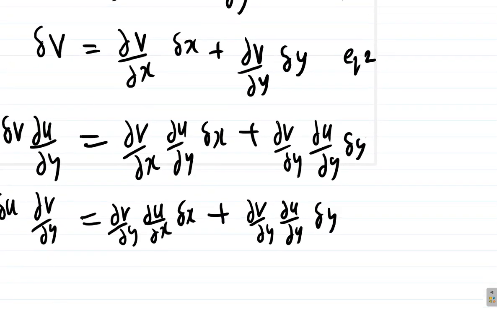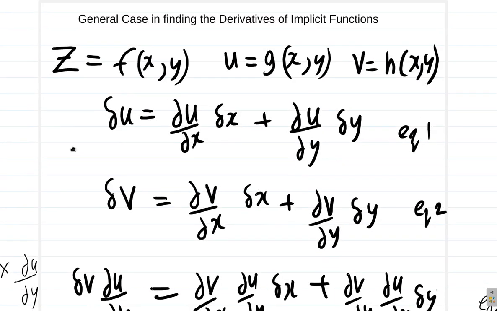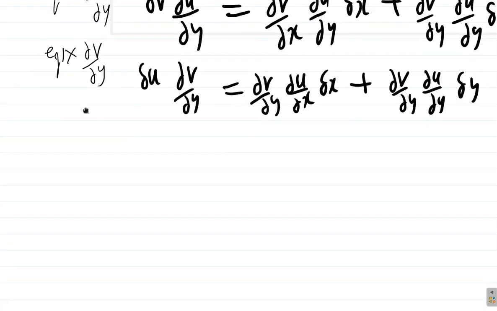So we have the two new equations now. Call this equation 3 and this equation 4. And then we say equation 3 minus equation 4. What's going to happen here now?